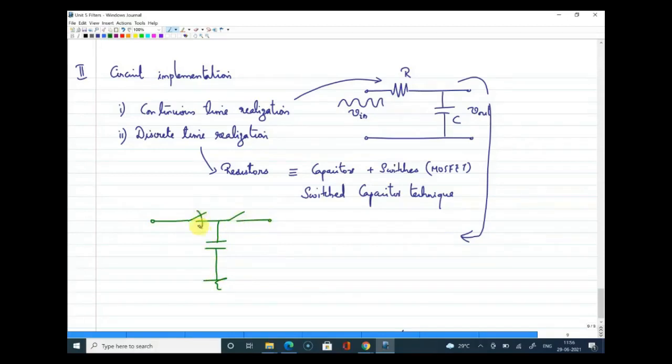So this is switch 1, this is switch 2, and this is one capacitor, right? Now the resistor is replaced using this, so this is equivalent to a resistor. If you want to complete this low pass filter, you add one more capacitor here, so that this becomes a low pass filter, right?